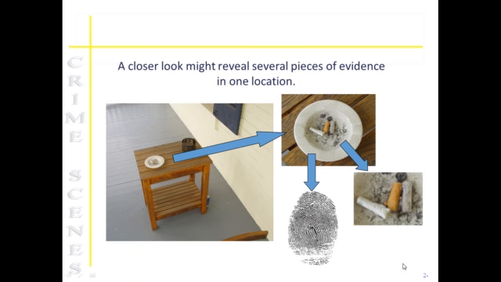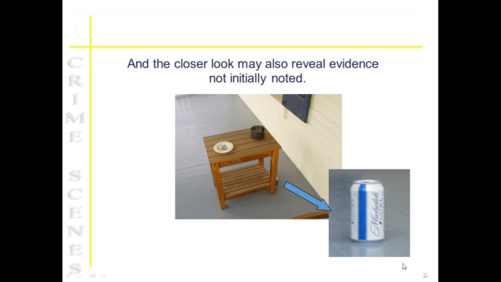But upon closer look, you'd notice that there are several different types of cigarette butts, and also the possibility of fingerprint examinations on that item. But then also with the closer examination, it might reveal other evidence. So on that closer examination, they might identify the beer can that's slightly hidden underneath that table.